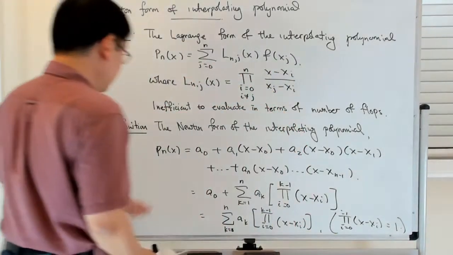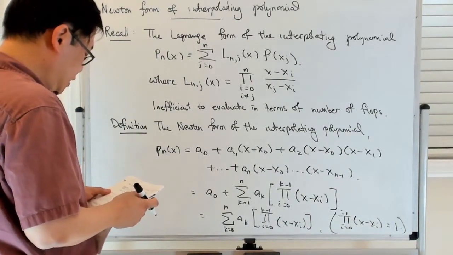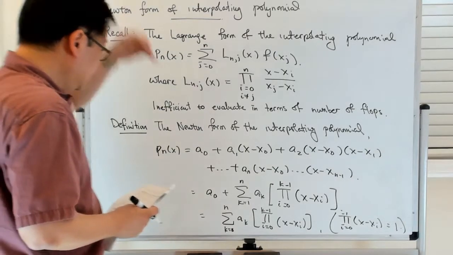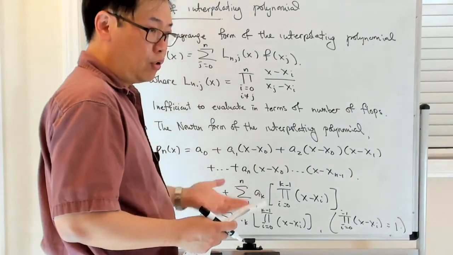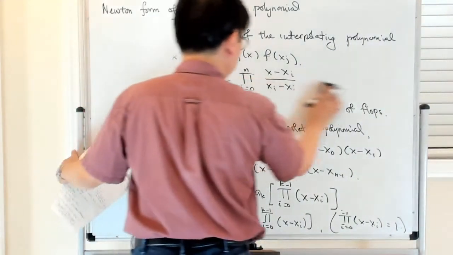Okay, so this is what is called the Newton form of the interpolating polynomial, and the reason why that is helpful is because it naturally lends itself to a Horner-like factorization. So let me show you what I mean by that.